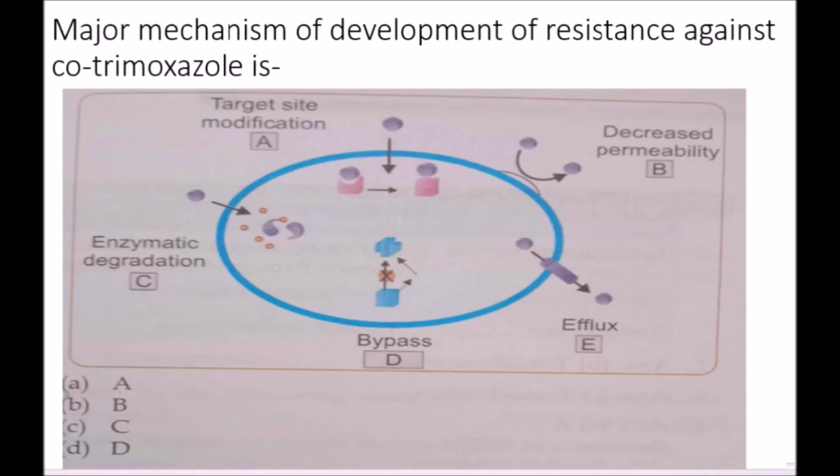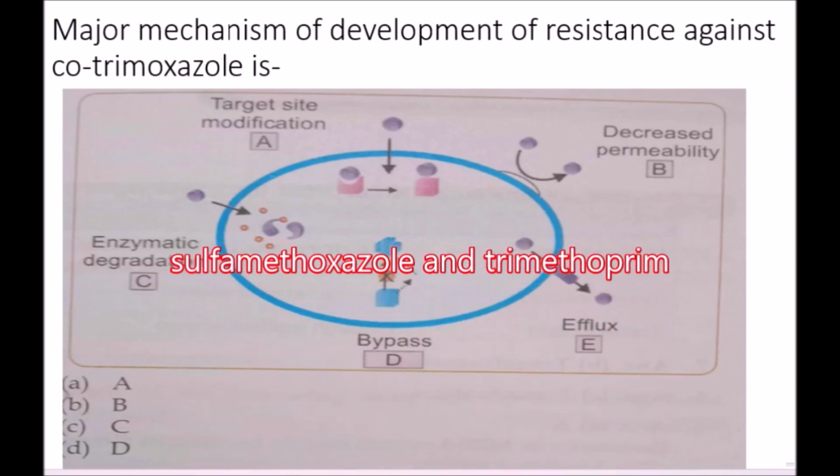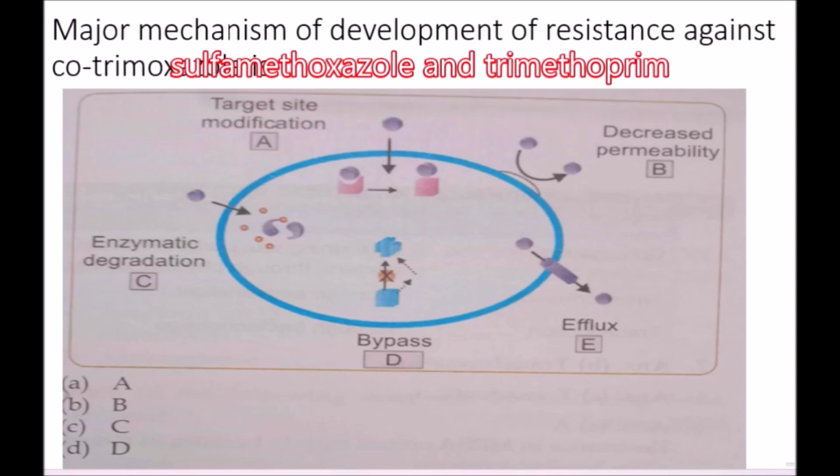And yes, now the next question based on this figure is, major mechanism of development of resistance against cotrimoxazole is A, B, C or D? So here we should know that cotrimoxazole contains sulfamethoxazole, which is a sulfonamide, and trimethoprim.